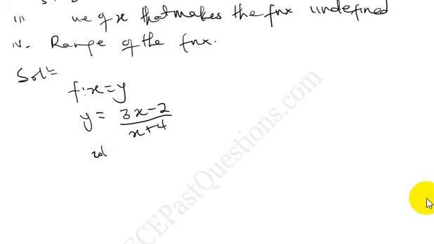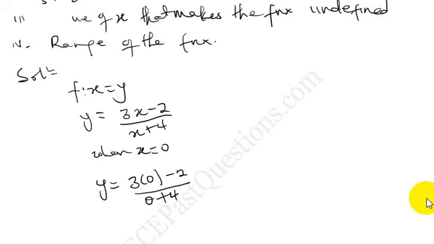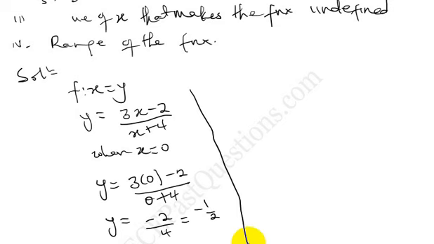So when x equals 0, we are going to get y equals 3 bracket 0 bracket close minus 2 all on 0 plus 4. We are going to get y being equal to minus 2 over 4. Then we are going to get minus 1 on 2. That is for 0.